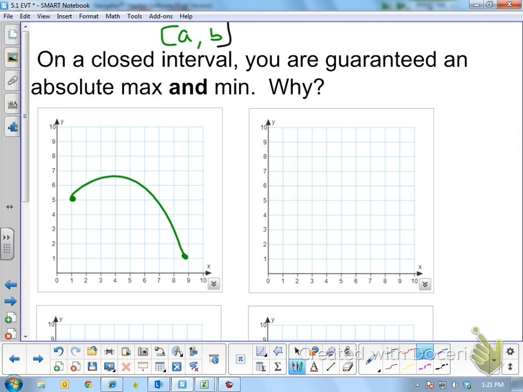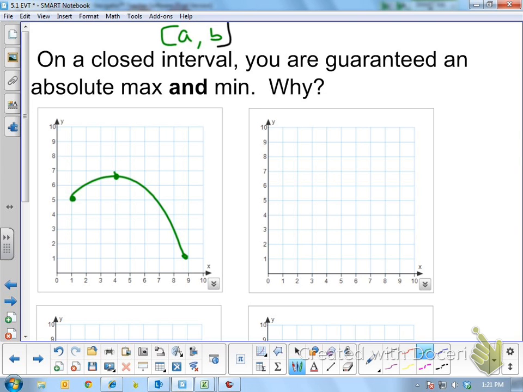So what would our maximum be on this graph? I might say even 4-ish. Oh, yeah, sorry, I was talking about the y value. Okay, you're right. 6.5-ish. It occurs at 4.